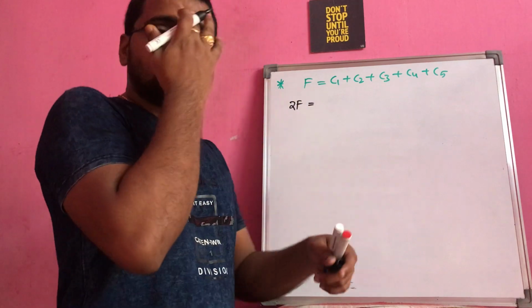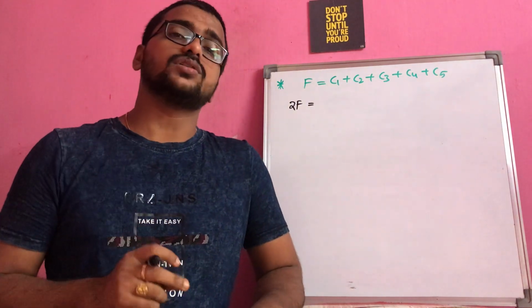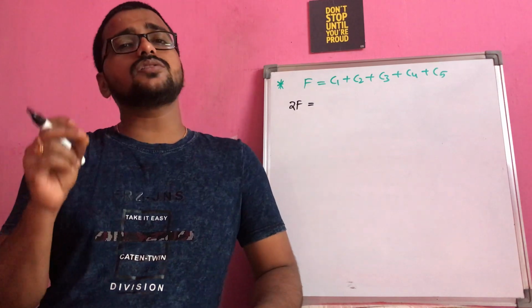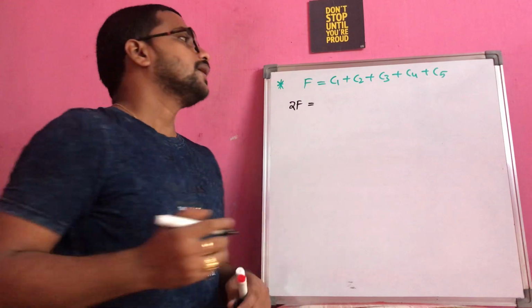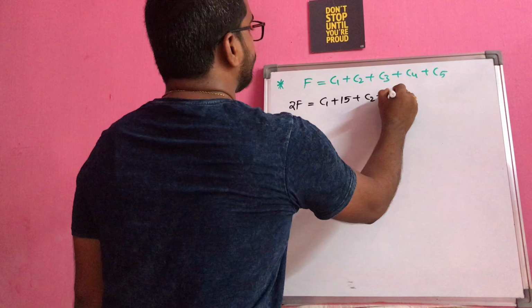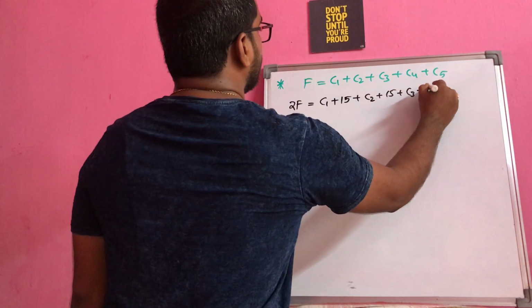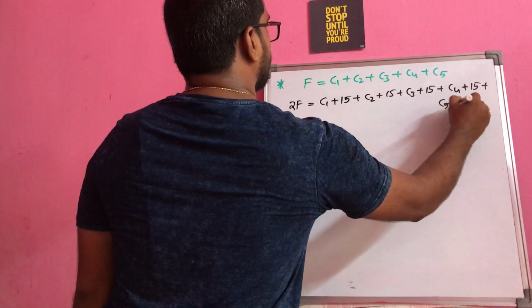In some questions, instead of using the word after, they will use the word hence also. Hence also gives the same meaning as after or later. So C1 plus 15, C2 plus 15, C3 plus 15, C4 plus 15, C5 plus 15.